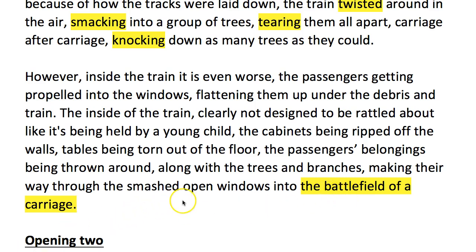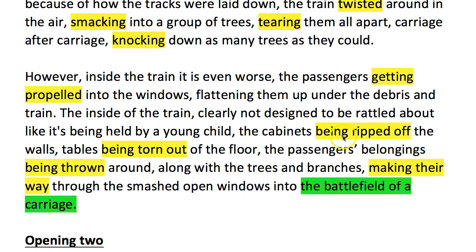And hopefully you've spotted for yourself how hard he's working with his verbs. Smashed, thrown, torn, ripped. You can really get a sense of a writer trying to dramatize what's going on. Now, another technique that he's using is making sure that he's writing a description and not a story.